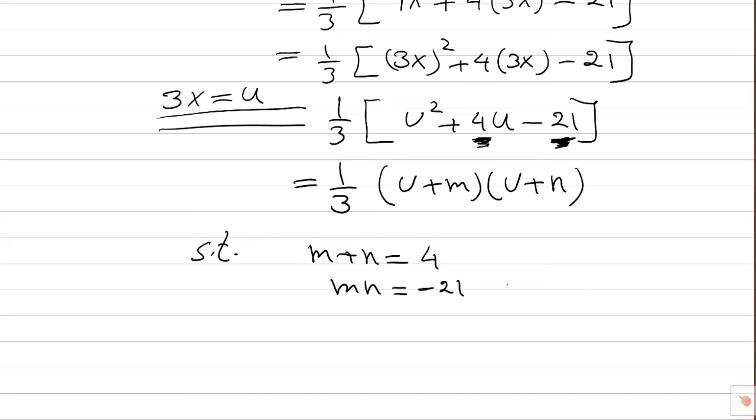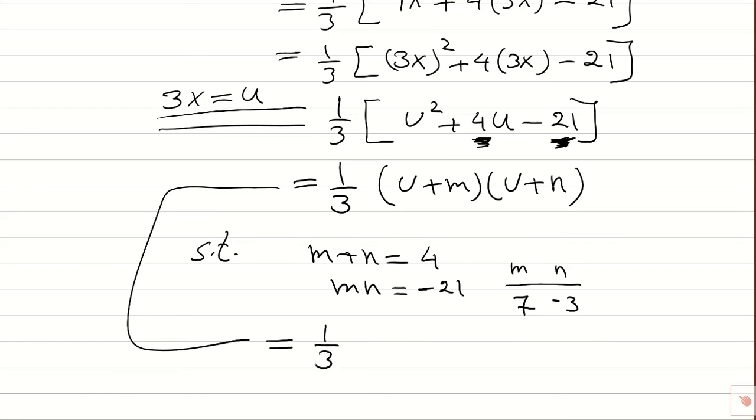And the obvious choice for m and n can be 7 and minus 3, because the sum is 4 and the product is minus 21. Therefore I can continue this and write it as 1/3 of (u plus 7)(u plus n, which is minus 3).